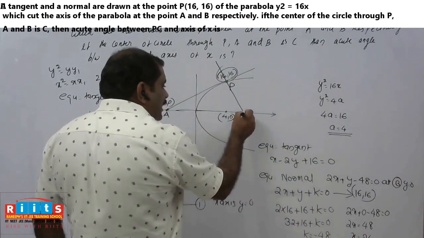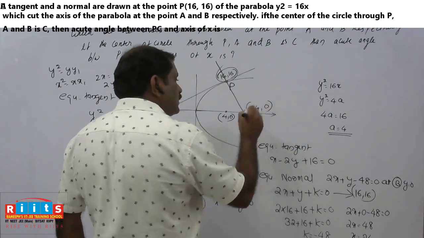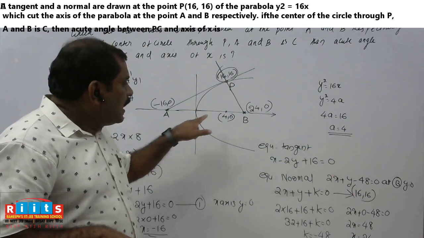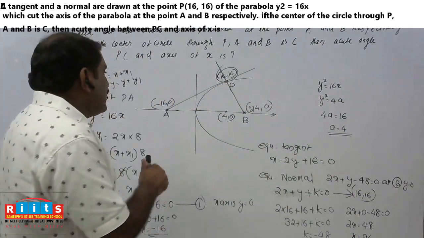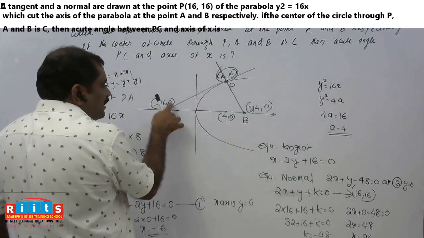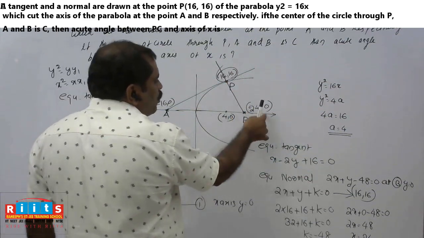So this point is (24, 0). Please listen. Here A is (minus 16, 0) and B is (24, 0). Then we get the three vertices (minus 16, 0), (16, 16) and (24, 0).